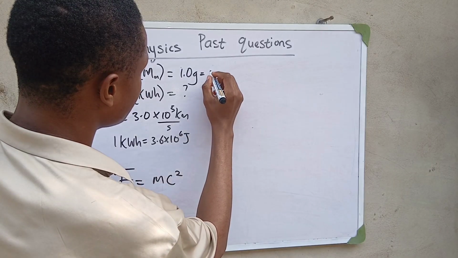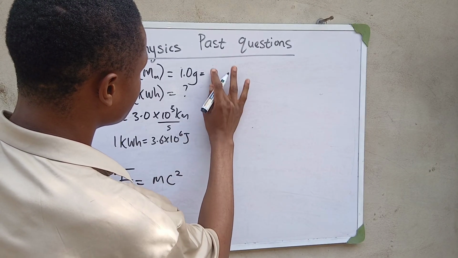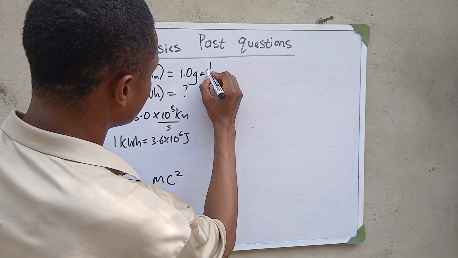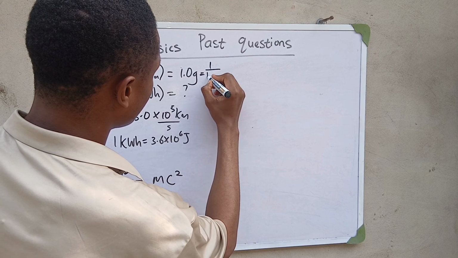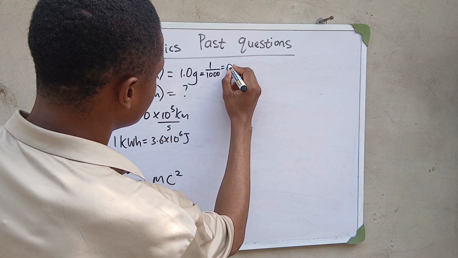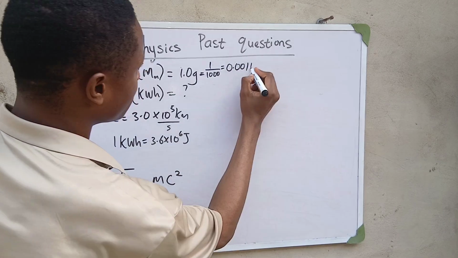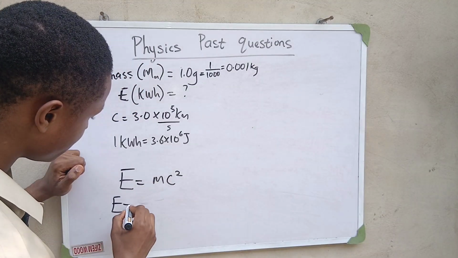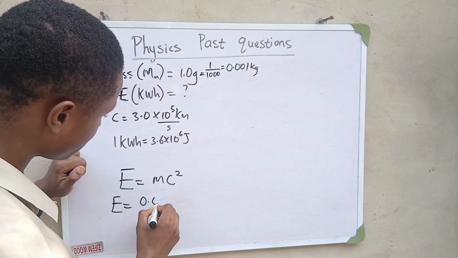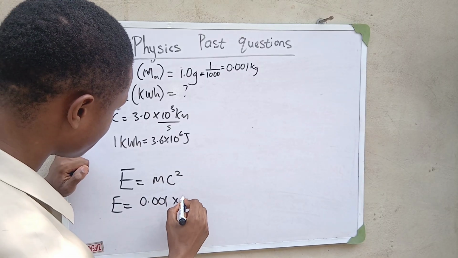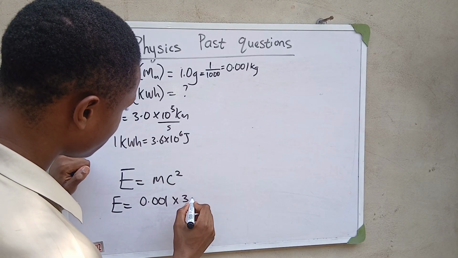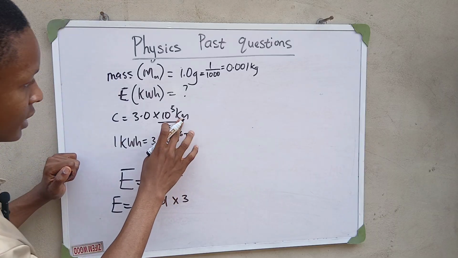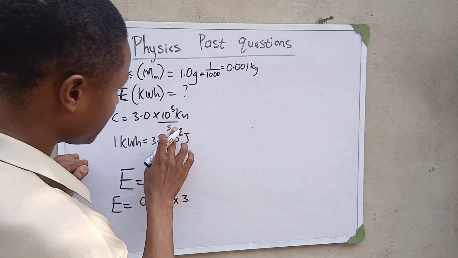So this is going to give the mass in kilograms to be 1 over 1000, which is 0.001 kilogram. So our energy is 0.001 times 3. Now this is in kilometers per second.